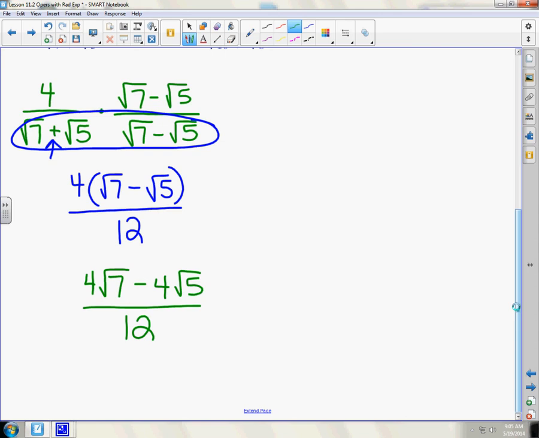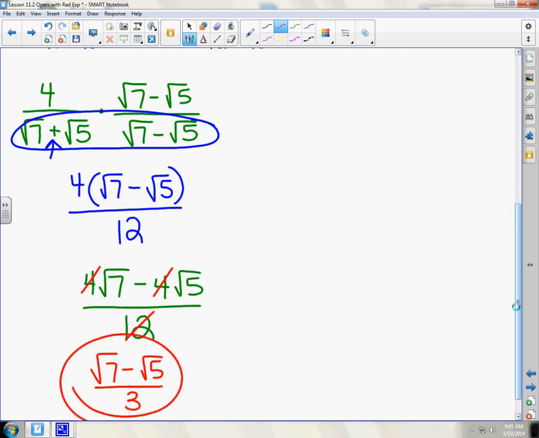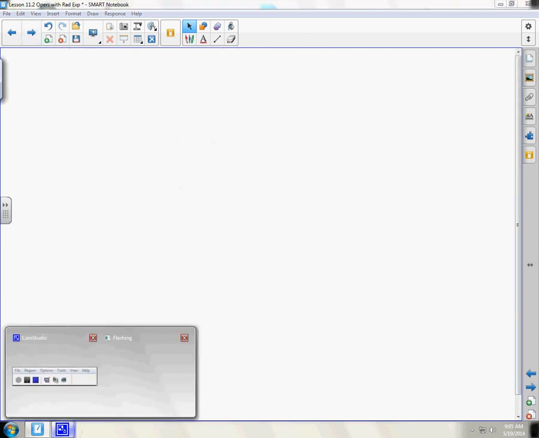But I could reduce my 4s and my 12. My whole numbers, I can reduce them all by 4. So then I would have the square root of 7 minus the square root of 5 over 3. And then you are finished. All right, that is it for your notes.